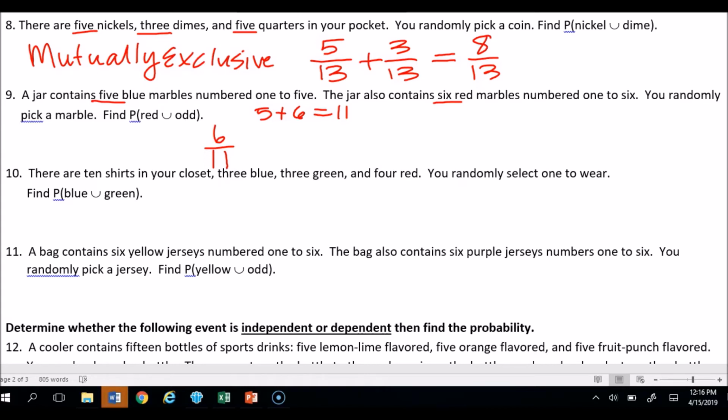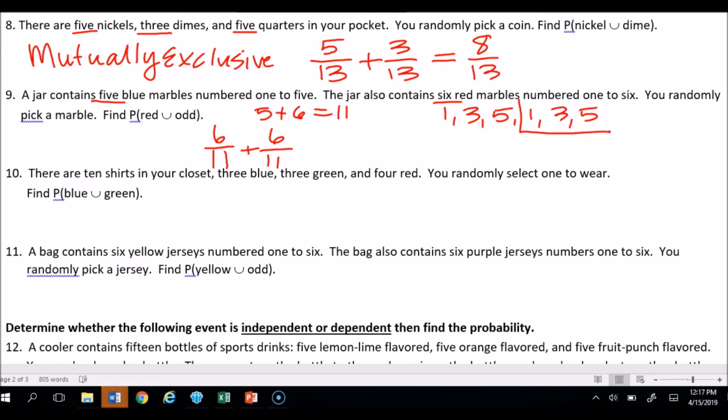And then we're going to talk about how many odd marbles do we have. So again, if we think about numbered 1 to 5, we got 1, 3, 5. And then we've also got 1, 3, 5 with the red marbles. So that's a total of 6 marbles again. So we're going to add 6 over the 11 again. Now the question is, do we have some red odd marbles?